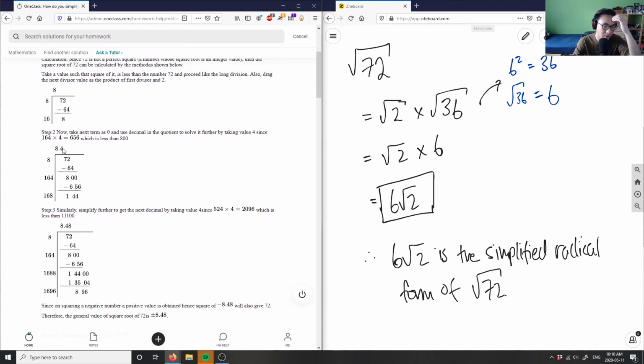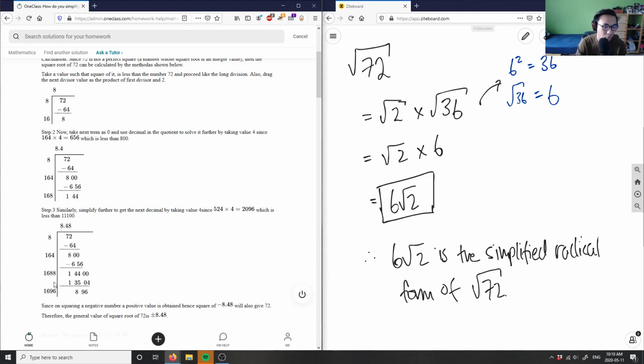Again, we double our quotient, right? So we double our 4 here to get 8. So our next value here is 168, and I'm going to leave the next digit blank. Again I add 2 zeros to the difference to get 14,400, and I'm thinking of a value to put in here.